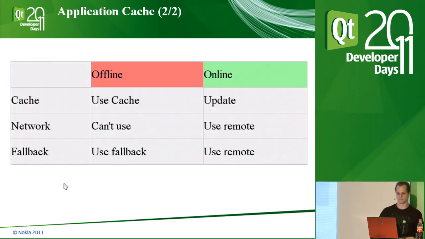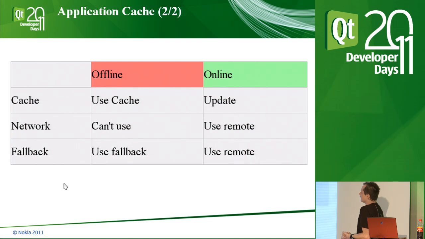So I just made a small table to recap. If you're offline, everything that is described in the cache manifest will use the cache, right? So it will load from the disk and use it. If you're online, it will check if there's an updated version for you, and if there is, it will update.